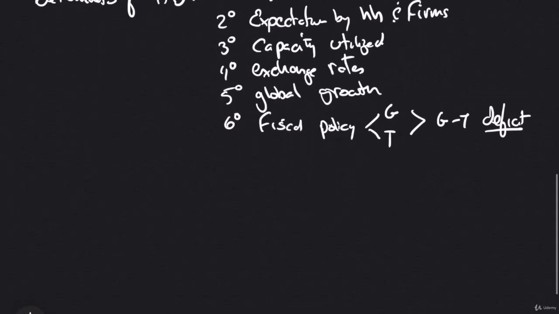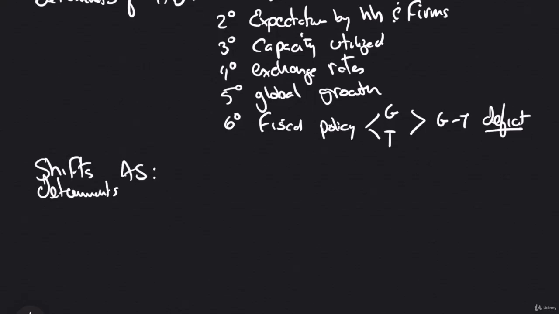So what shifts aggregate supply, or determinants as I wrote it before, of aggregate supply were the cost of production, which I spent some time talking about. So the factors of production that go into my production, if those prices go up, I am likely to produce less because it became more expensive for me to produce and less profitable to do so. The wages, which is part of the cost of production.